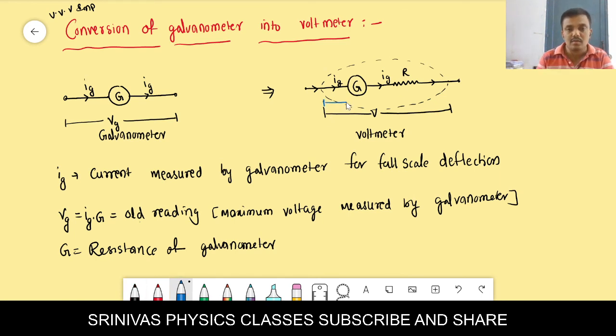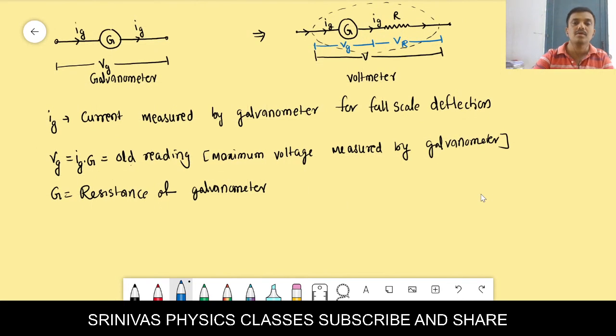One is the galvanometer, across which the voltage is Vg, and across the resistance the voltage is V suffix R. Total voltage is increased. Now this is the voltmeter and this is the galvanometer. How do you convert the galvanometer into a voltmeter? In one sentence we answer: by connecting a high resistance in series to the galvanometer.